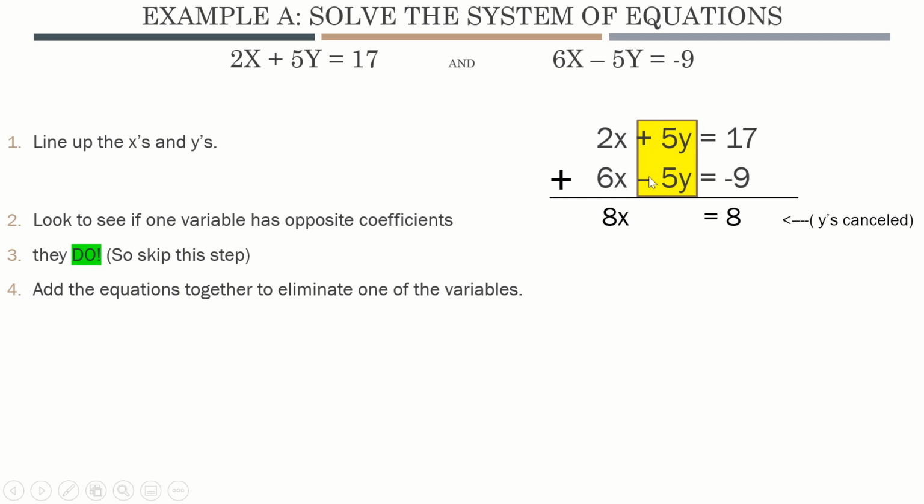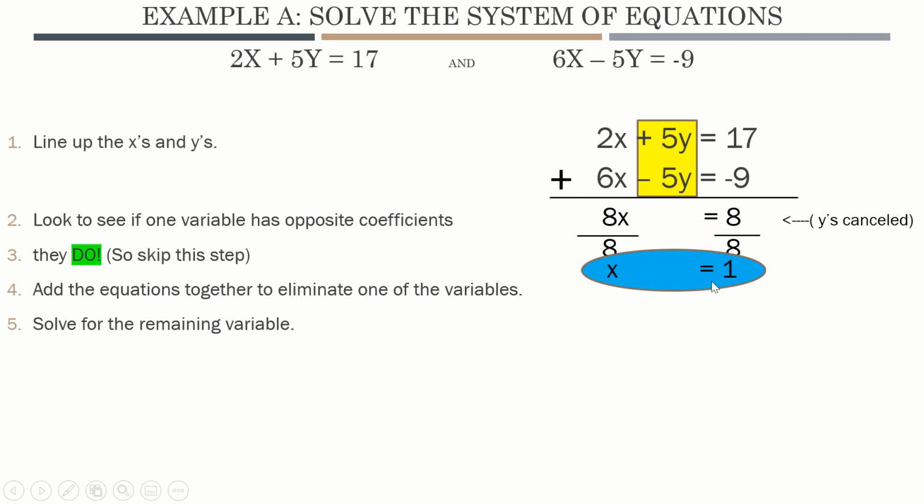Look at that, we eliminated the y values. So 8x is equal to 8. Fantastic. Solve the remaining variable. You all know how to do this. We're going to divide both of these sides by 8 to isolate x, and that means x has to be 1. Wahoo! We solved for one of our variables already, and it was a pretty simple, straightforward process.